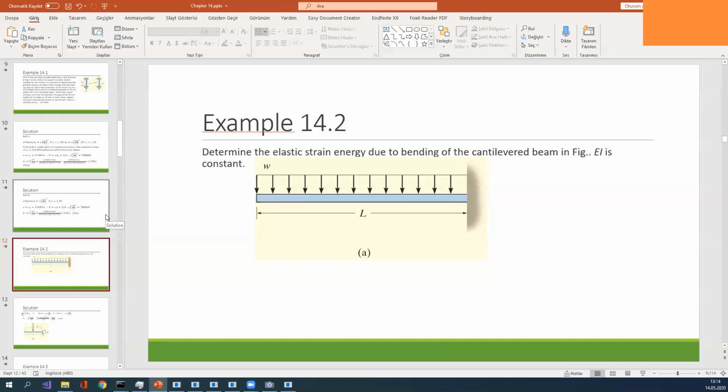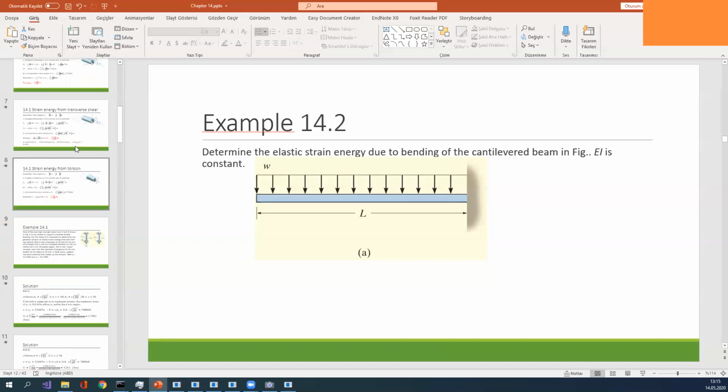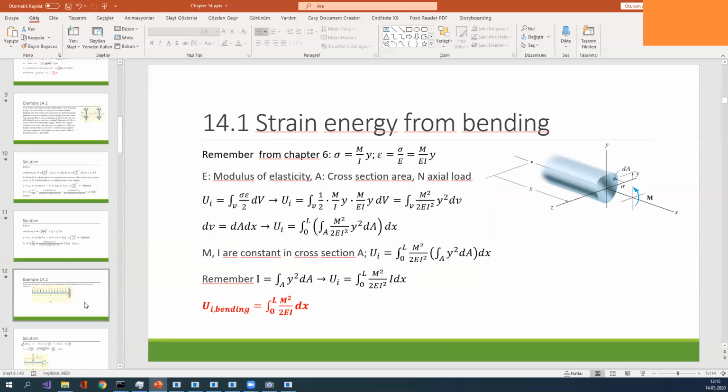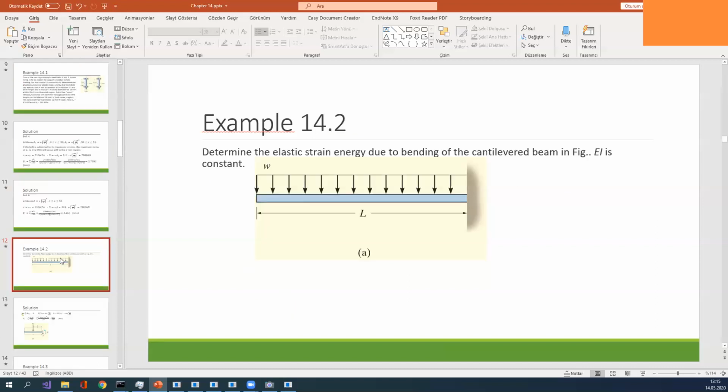Shear force can also contribute to this energy, but here only due to bending, and I is constant along the beam. Therefore, we will use the bending formulation, M squared over 2EI. First of all, I want to write the formulation.